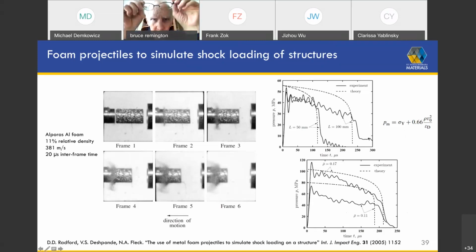You can also, just from geometry, work out the effect of the length of the projectile on the length of the pulse. And here you can look at the effect of relative density. So with a few of these basic calculations, you can determine what range of pressures and times you can access, and hence what range of impulse levels you can access. Okay.